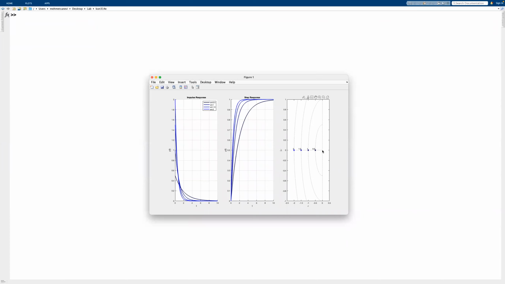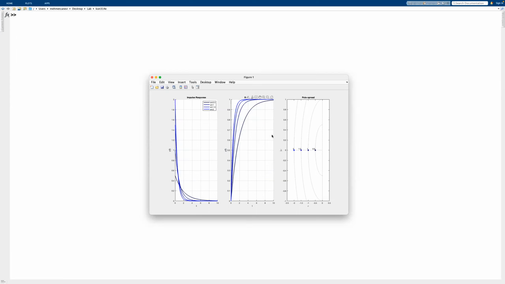So here we have the origin. This is kind of the S domain here, where this axis is going to be the j omega axis. This is the real axis, so real and imaginary values. And we're on the real axis because it's a first order system. Its roots are only real values.